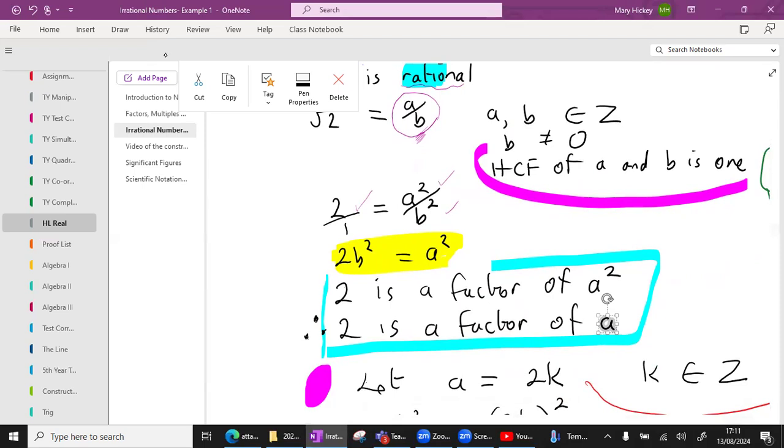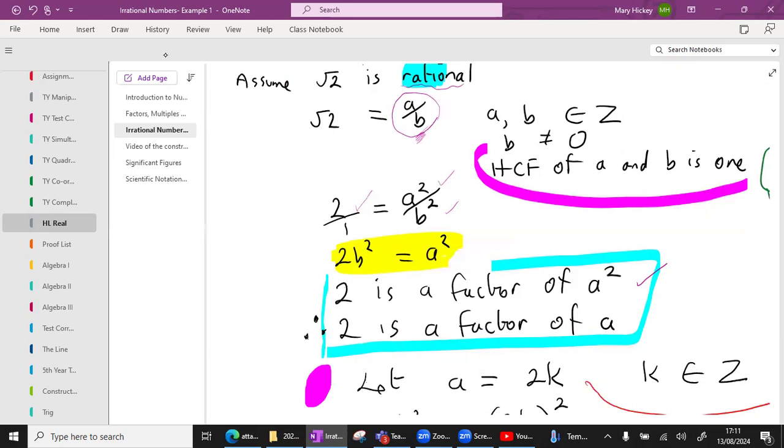Because the yellow sentence tells me 2 multiplied by b squared is equal to a squared. So b squared would be a squared divided by 2. In other words, 2 should divide into a squared. And then we learned another maths fact at the time: if something is a factor of a number squared, then it's also a factor of the number, not squared. So if 2 is a factor of a squared, therefore 2 is a factor of a.